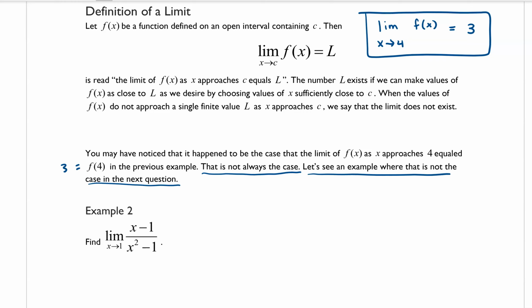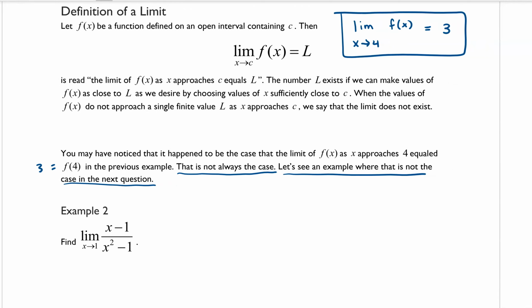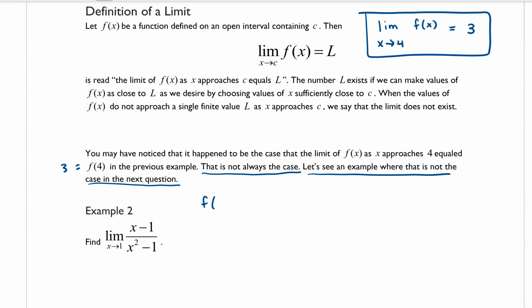So example 2 wants us to find the limit as x approaches 1 of this function x minus 1 over x squared minus 1. So let's evaluate. We have our function here, f of x is equal to x minus 1 over x squared minus 1. Let's go ahead and evaluate f of 1.